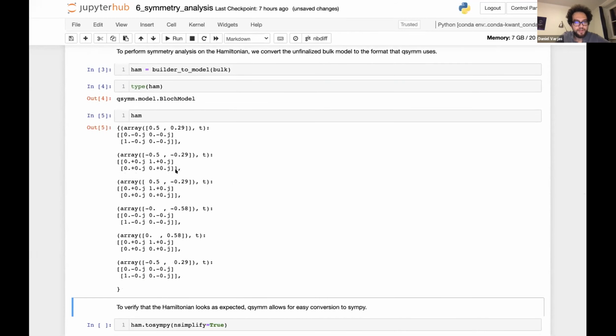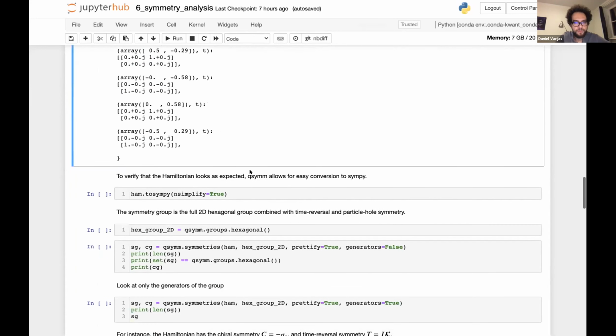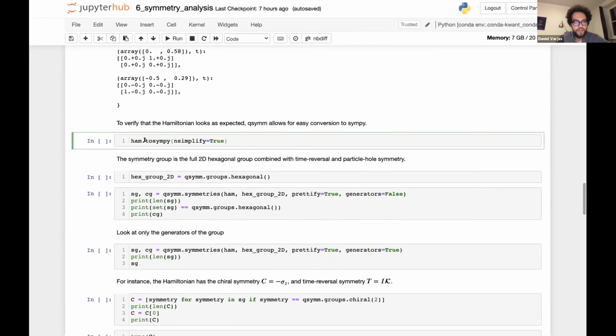Okay, so how does this look? Well, internally, this is a dictionary where every key specifies a hopping vector and the symbolic coefficient of this term. And with that comes a matrix, which is multiplied by the appropriate coefficient. So this is the hopping corresponding to this lattice vector. But to look at a nicer output, we can do printing in SymPy format.